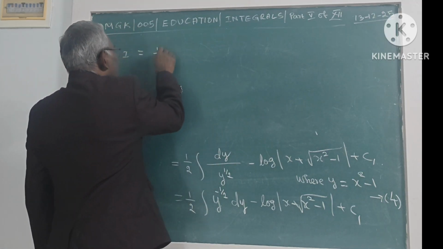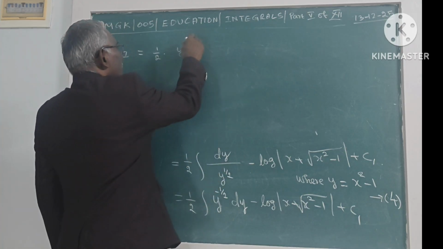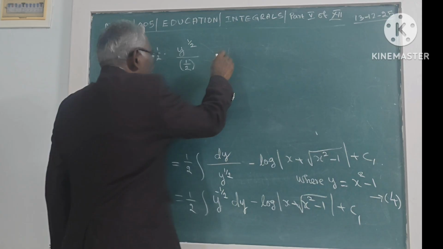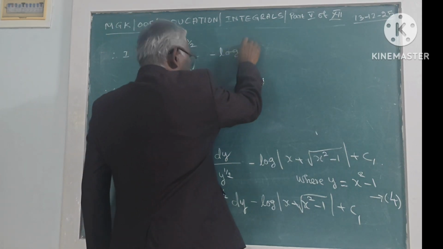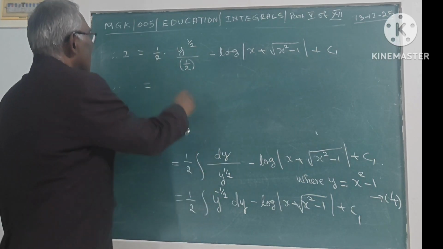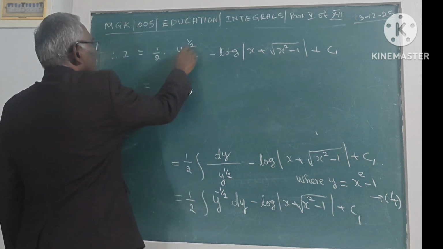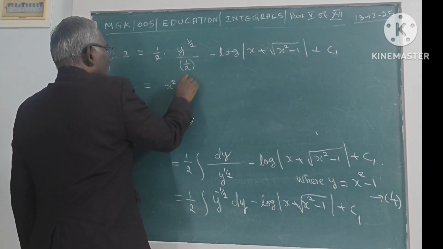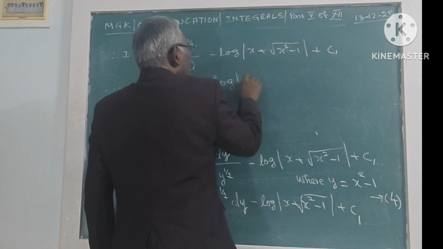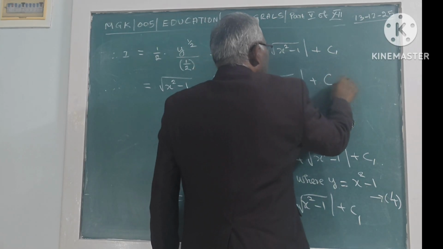So this is nothing but half times y power half plus 1, that is, y power half by n plus 1 which is half, minus log of, now this will go to the numerator, so the halves cancel, and y is nothing but x square minus 1. So x square minus 1 power half is root, minus log of x plus square root of x square minus 1 plus constant. So this is the answer.